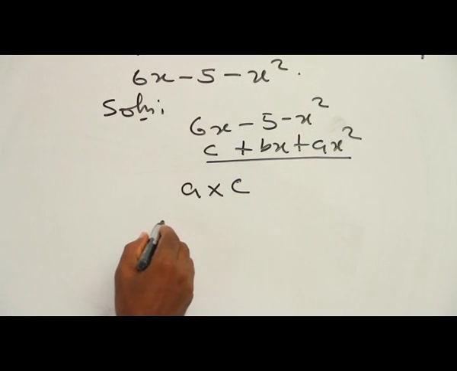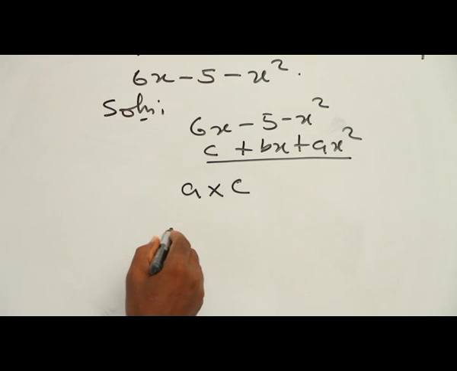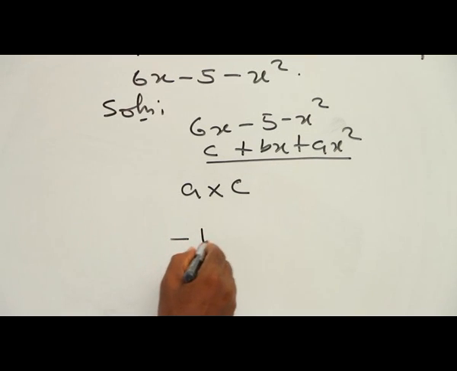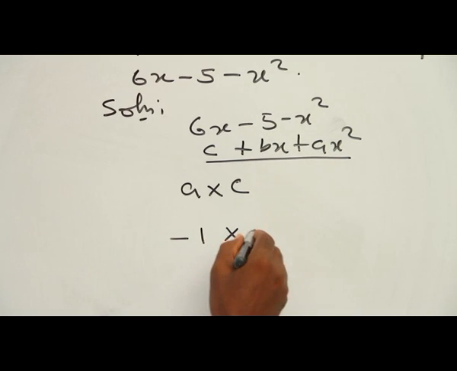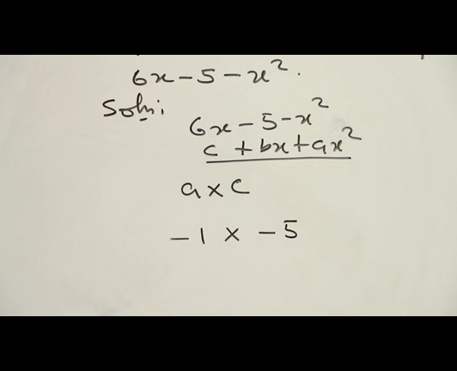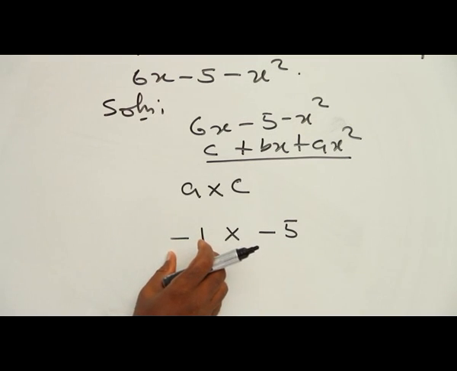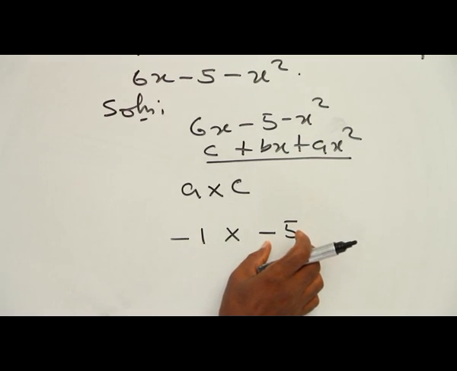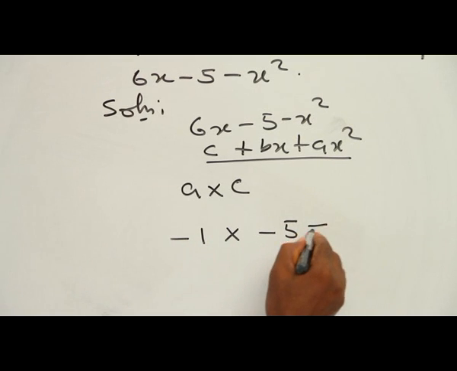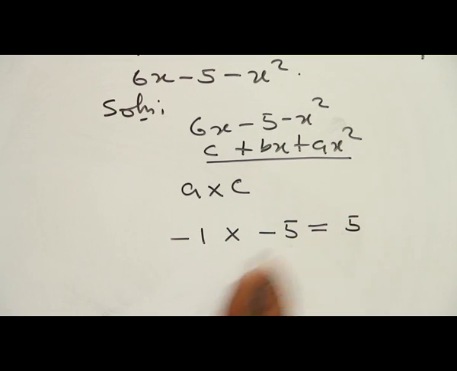I will now take my a, which is minus 1, multiply it by my c, which is minus 5, and that is the constant term. I'm taking my a and my c, which is the constant term. Now, the product of this is equal to 5. Minus times minus is plus.